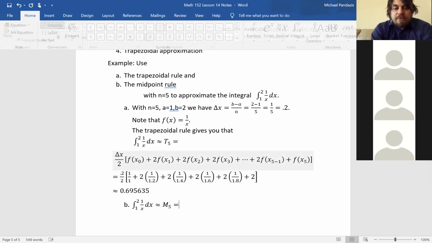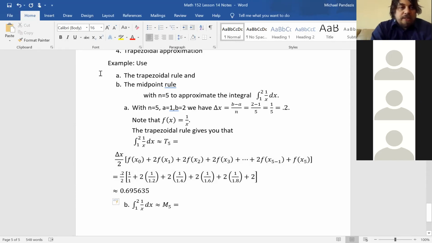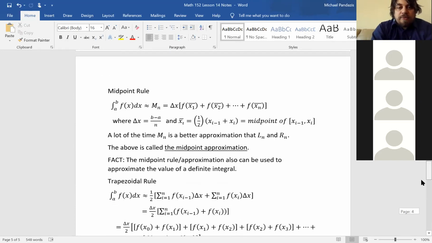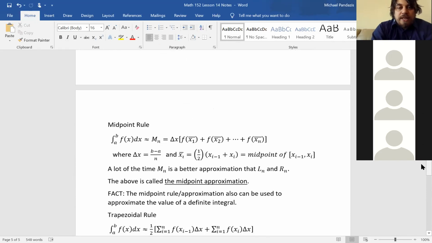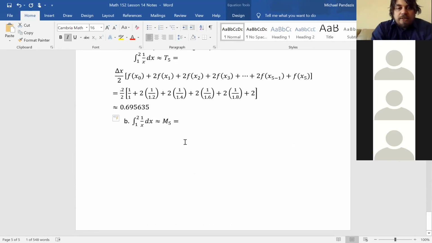And this is equal to the value of m sub 5. Now we're going to go back to our formula. So you can use the formula for this. M sub n is this. So m sub 5 is this when n is 5.